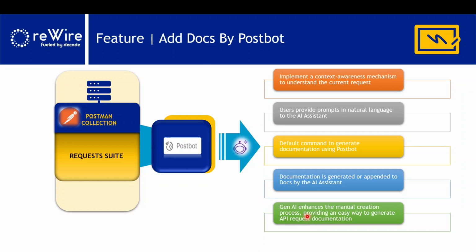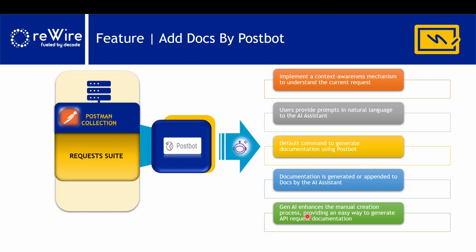Earlier, to maintain or write a doc separately, we needed to spend a certain amount of time writing the documentation. But using this, if it is a new API, you can generate the required documentation of that particular API in a fraction of seconds. Okay, so that's all I have in this particular session.